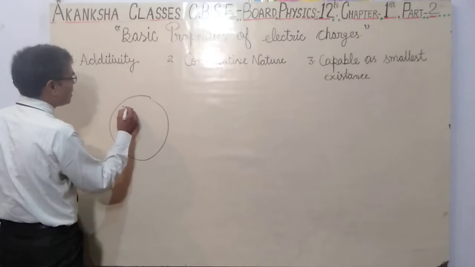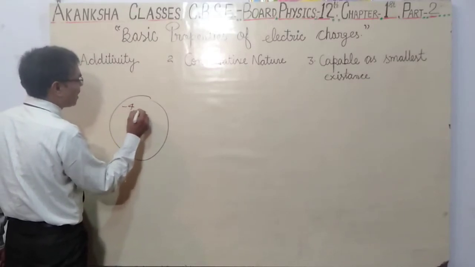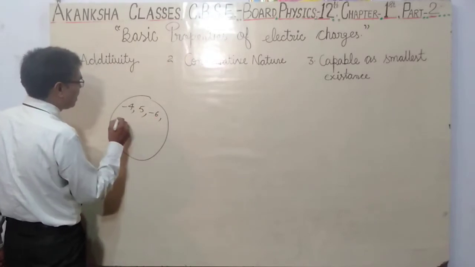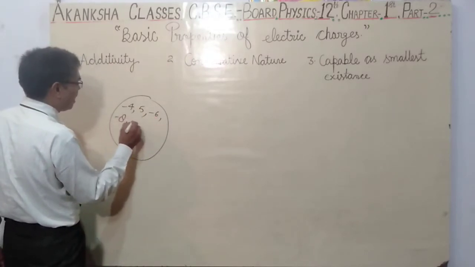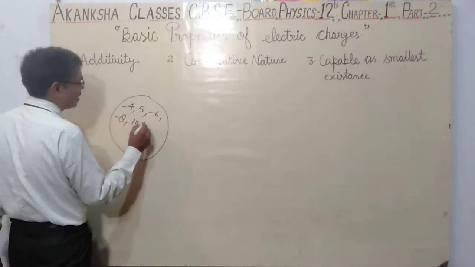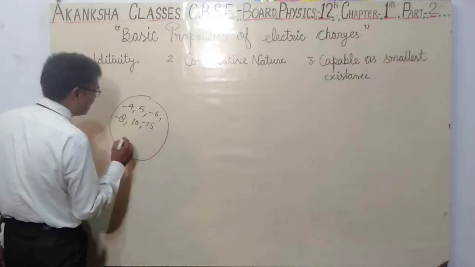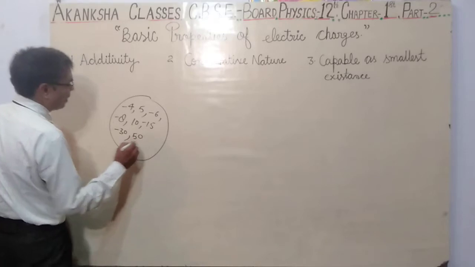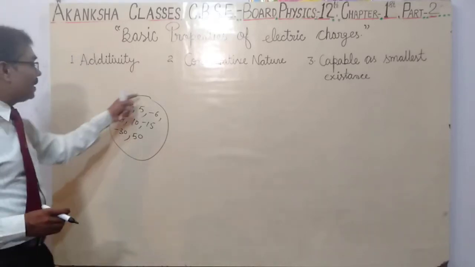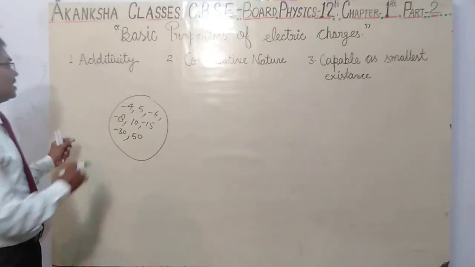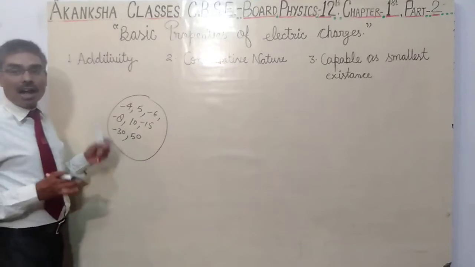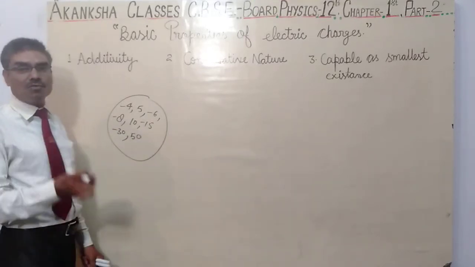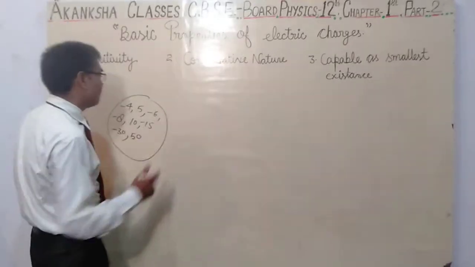Suppose this system has 4 unit negative charge, 5 unit positive charge, 6 unit negative charge, 8 unit negative charge, 10 unit positive charge, 15 unit negative charge, 30 unit negative charge, 50 unit positive charge. Students, what will be their sum? These sums can be found using simple mathematics as we do with integers.